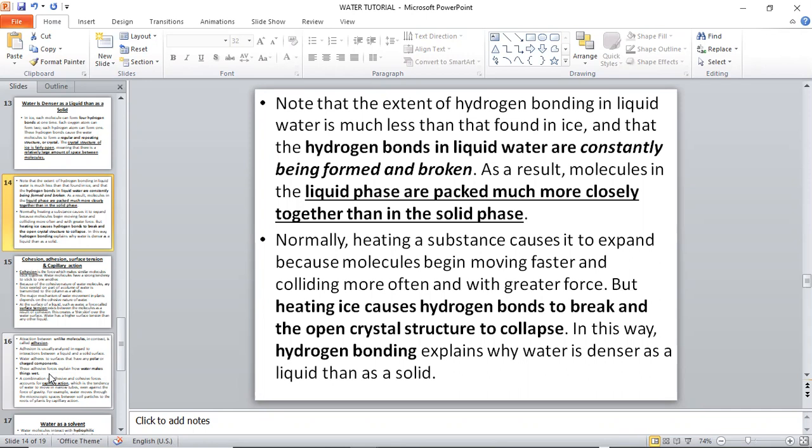However, when we heat ice, heating will cause the hydrogen bonds to break, and this will cause the open crystal structure to collapse. In this way, we are able to explain how hydrogen bonds lead to liquid water being more dense than solid, which is a very important property, especially when you look at aquatic life.